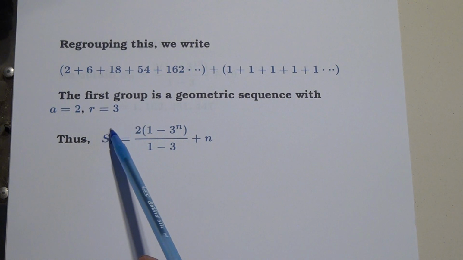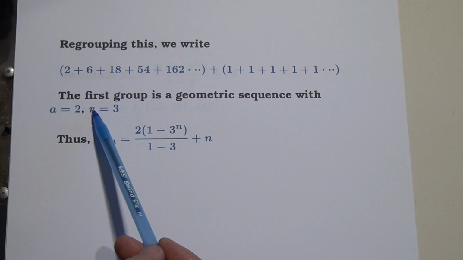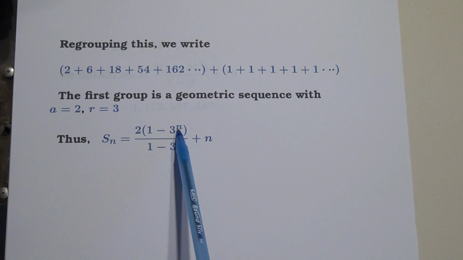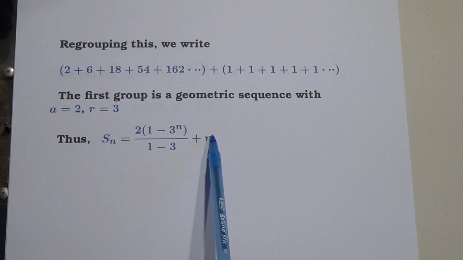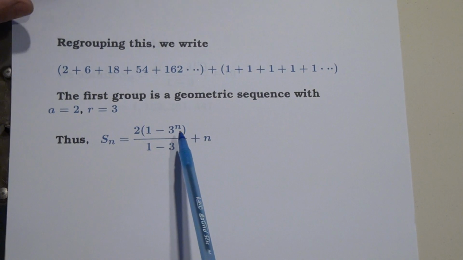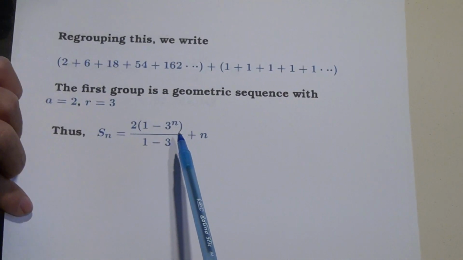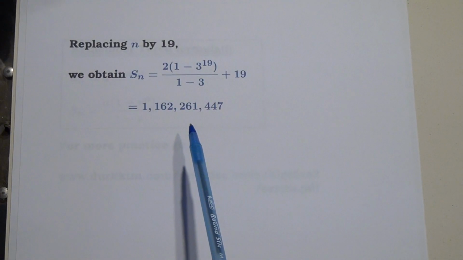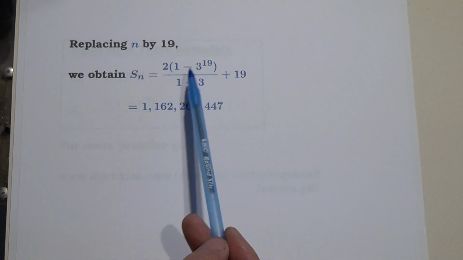So, the formula comes out. First value 2, and the ratio is 3. So 2 times (1 minus 3 to the n power) divided by 1 minus 3 plus n. And the next step, we just simply replace the value of n by 19. The question was 19 terms, right?